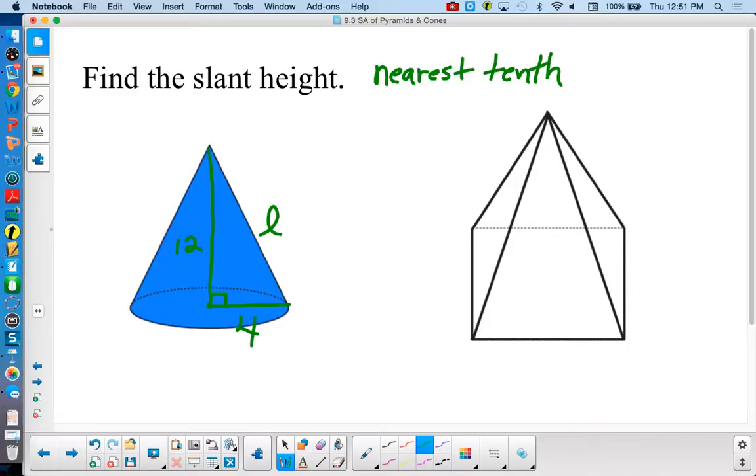I'd say the number's a 12, and a 4 for the radius. Should it be longer than 12 or shorter than 12? Longer, because it's like the hypotenuse. Anyone having trouble? 12.6? It is longer, not a lot longer, but it is longer.